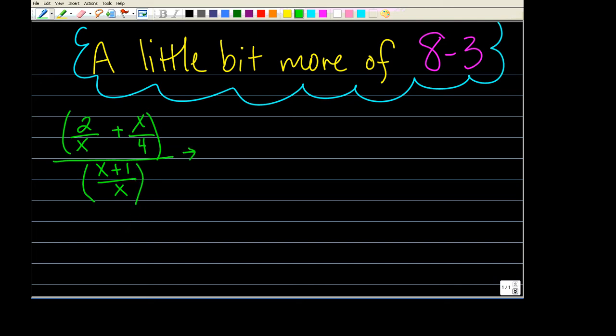So I could look at that as that numerator divided by that denominator. And already that looks a little bit less scary. I could even change this division to multiplication.